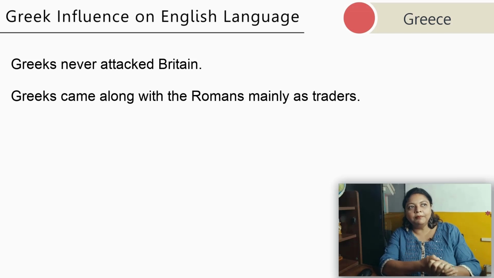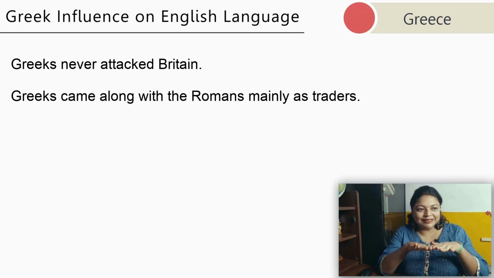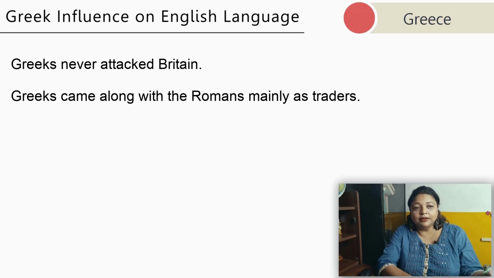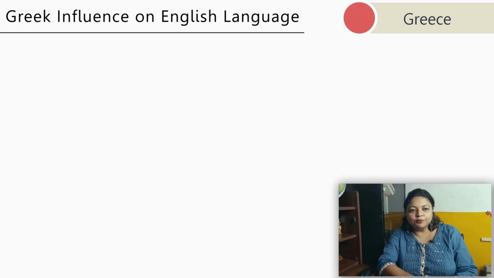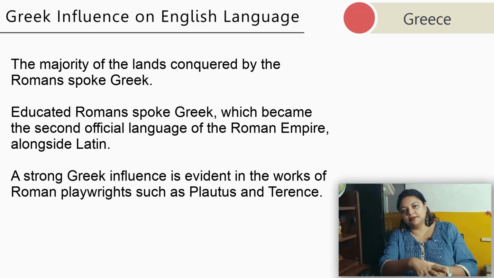So the problem here is Greece was not interacting with England in the same ways in which French people were doing, or other countries which were having economic exchanges, trade routes, etc. with England. Greek was more like a language which entered into mainstream English through Latinized versions.